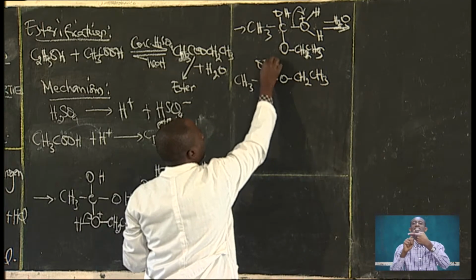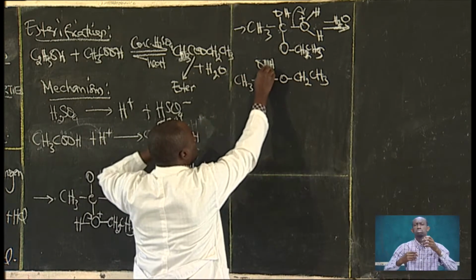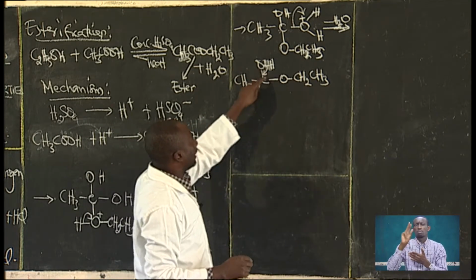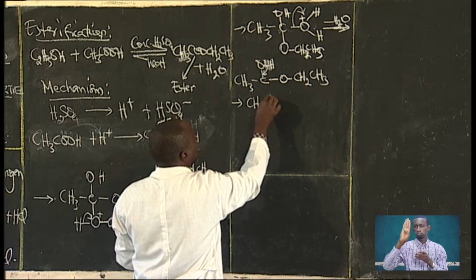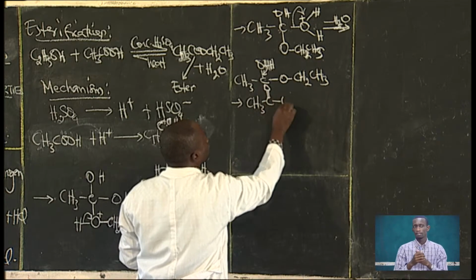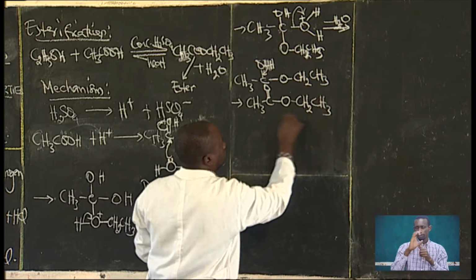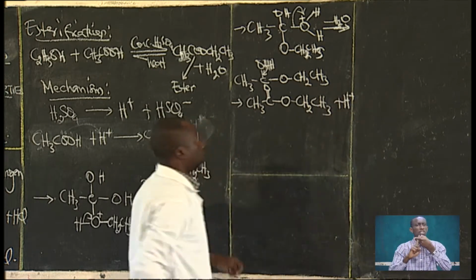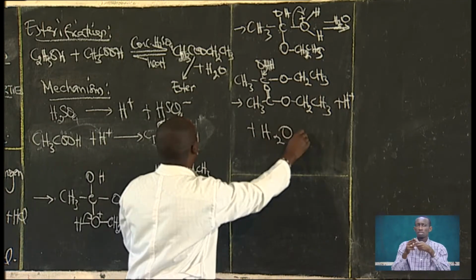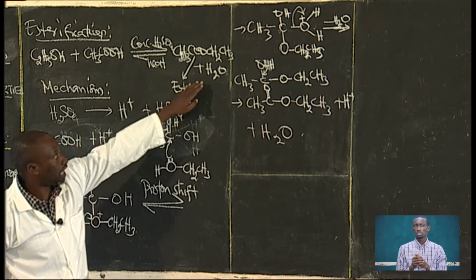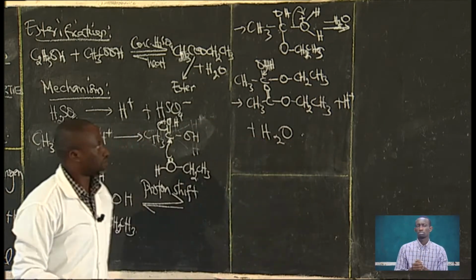And therefore, there will be rearrangement of the bonds. There is a positive charge here, so this bond breaks away and rearranges itself to form a double bond. So you'll have CH3, C double bond with oxygen, CH2, CH3, plus the hydrogen ion that was formed. Remember, this reaction also produces water, as we said, and you had elimination of water. So this is what is formed.